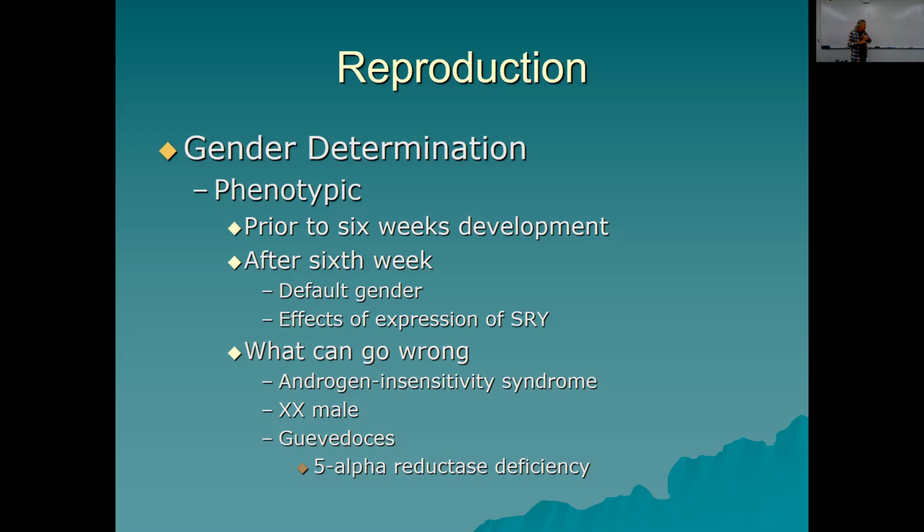What about the reverse? XX males. So here's another disconnect between genetic gender and phenotypic gender. This can happen too, but it happens in a different way. Okay, you have two X's, no SRY, ovaries are produced. But unfortunately, this is also called congenital adrenal hyperplasia.